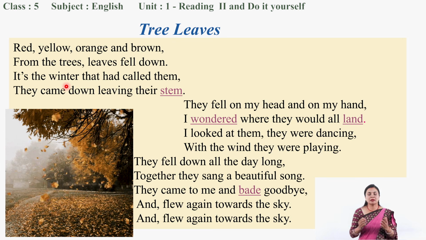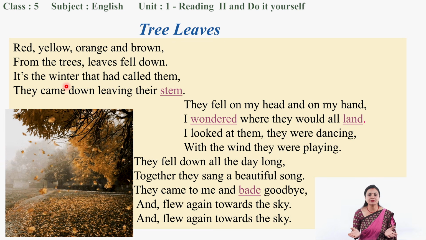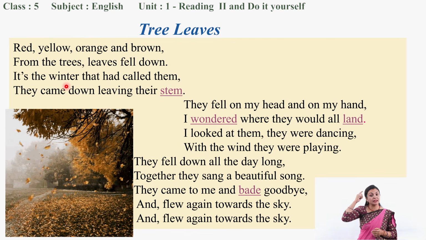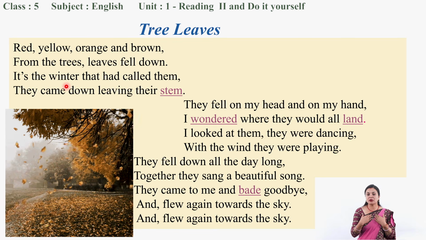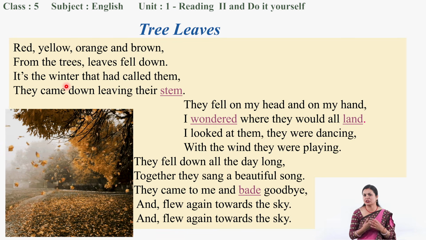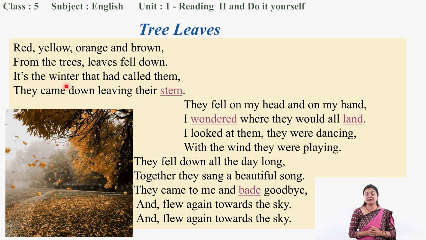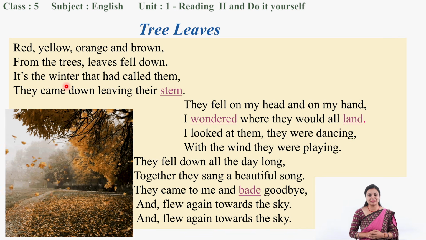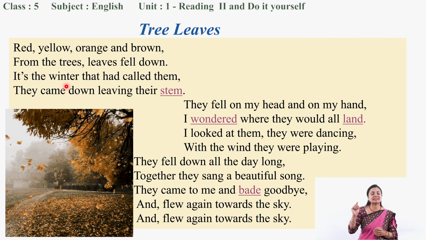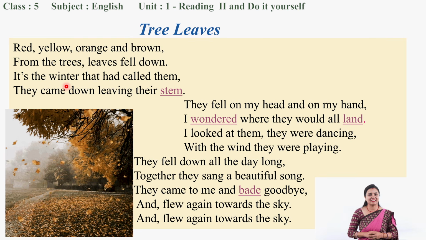So now tell me, where did the leaves fall? That is on my head, on my hand. So is it actually on my head and on my hand? I hope that it doesn't, because the writer who wrote this poem says that they fell on his head and on his hand.